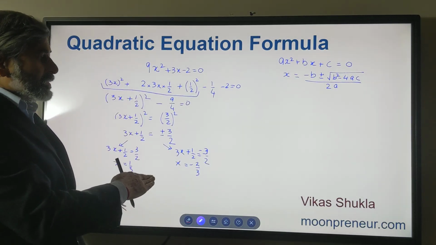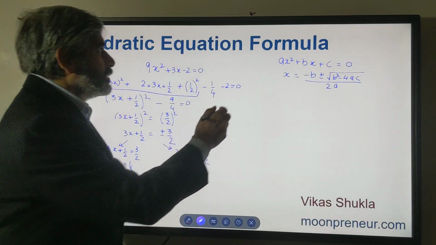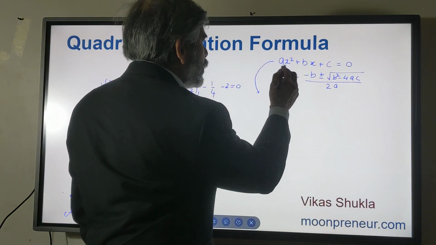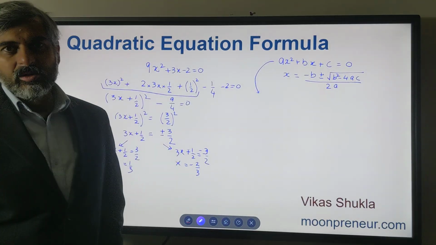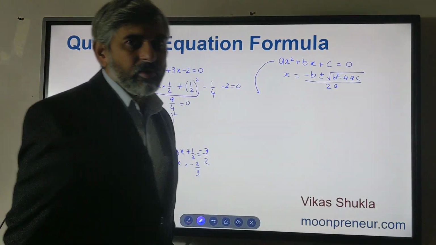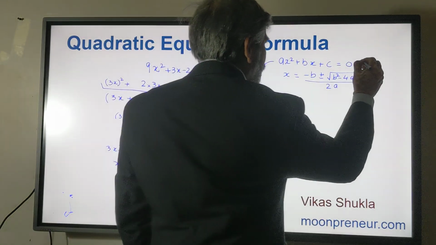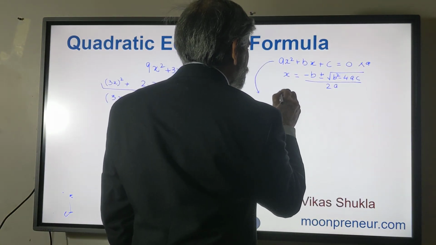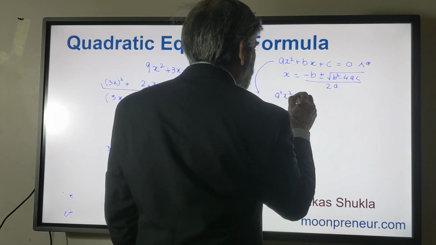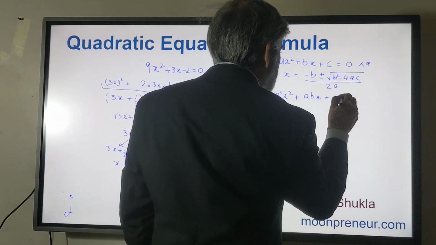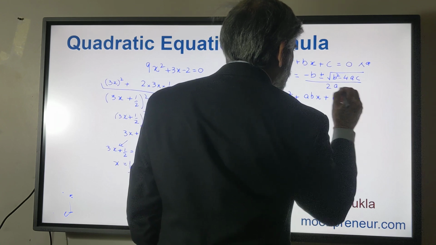We can apply the same logic here to derive the formula. We want to make this a whole square. This we can do by multiplying the whole equation by a. If I multiply this whole equation by a, I get a square x square plus abx plus ac is equal to 0.